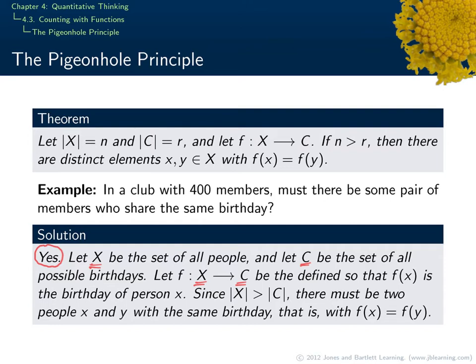So since the size of x, namely 400, is bigger than the size of c, namely 365, there must be 2 people that have the same birthday. That is, 2 people x and y, where f of x is equal to f of y.